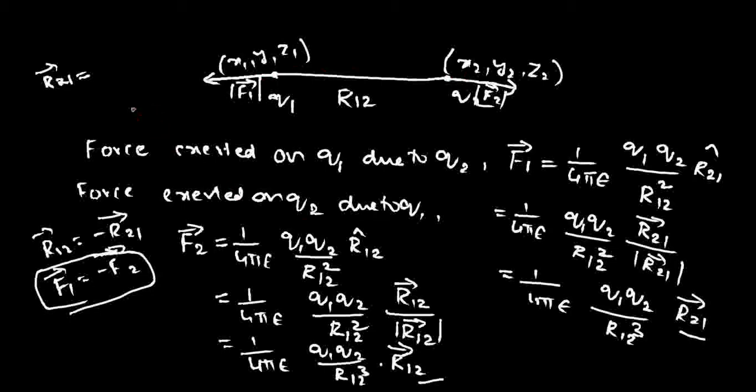So R21 bar would be equal to x1 minus x2 into x cap plus y1 minus y2 into y cap plus z1 minus z2 into z cap. This will be the equation of the vector. And R12 bar would be equal to minus of R21 bar. Okay.